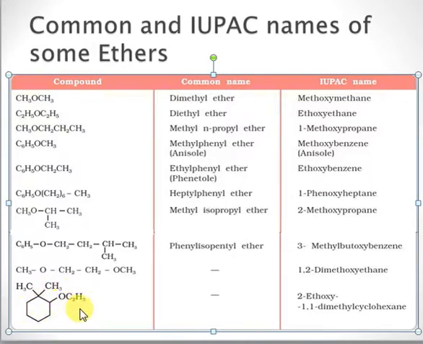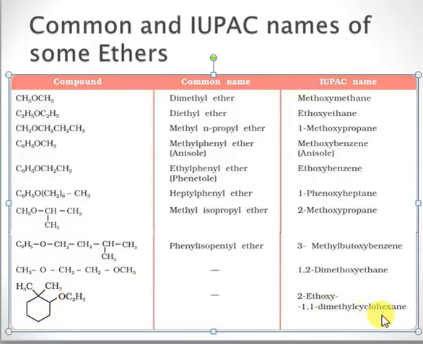And this is an ethyl group, and this ethoxy group is at carbon number 2. By IUPAC convention, the smaller group is considered as oxy. So we'll say this is 2-ethoxy, and this will become the alkane.